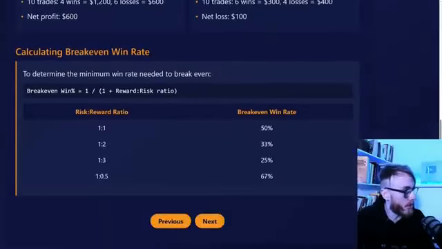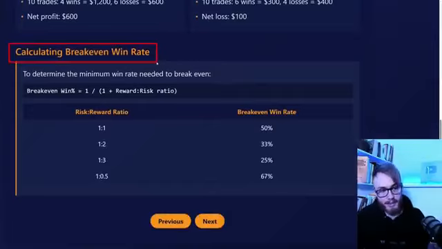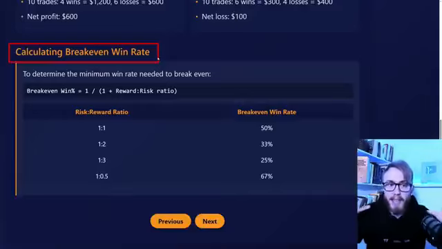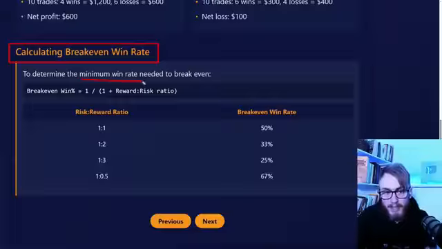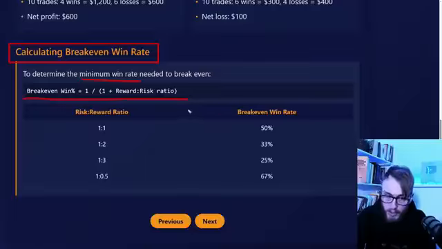Now I want to turn the attention to something very important, and this is calculating the break-even win rate. To determine the minimum win rate we need to break even, we can use this formula right here. It's not super important to learn the formula, but I hope this can build a good intuition.